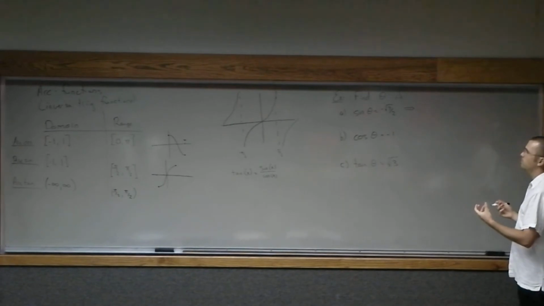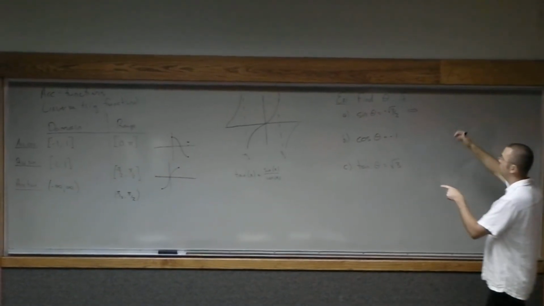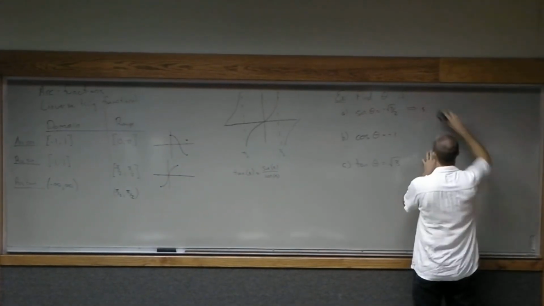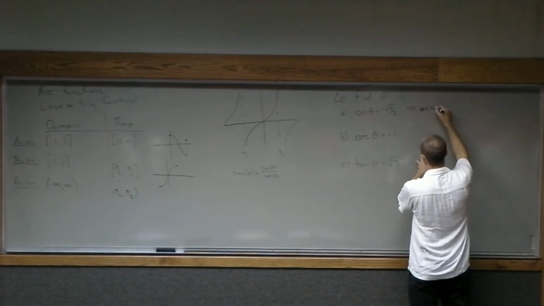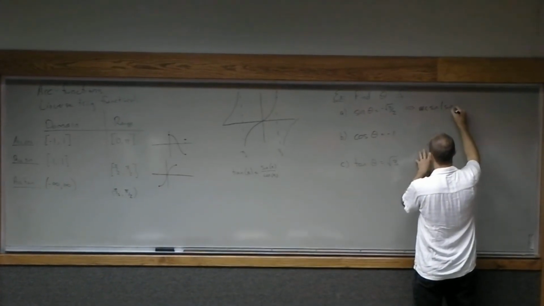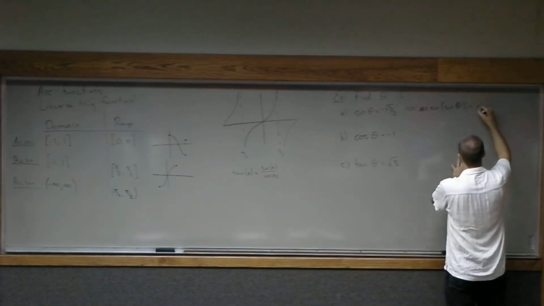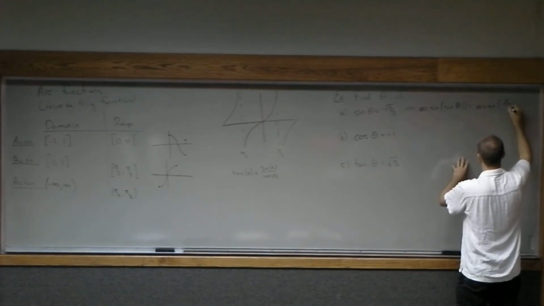What I'm going to do is take the inverse sine, or the arc sine of both sides, and what that's going to do for me is I'm going to get something like arc sine of the sine of theta equals the arc sine of negative square root of 3 over 2.